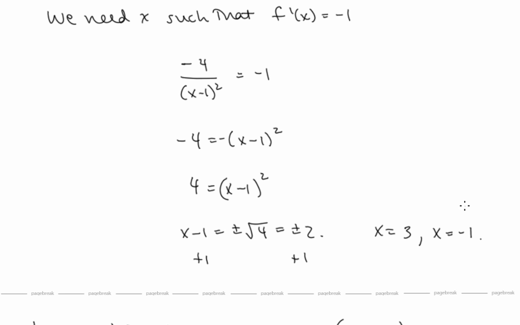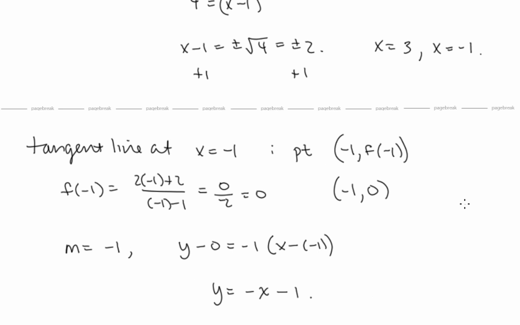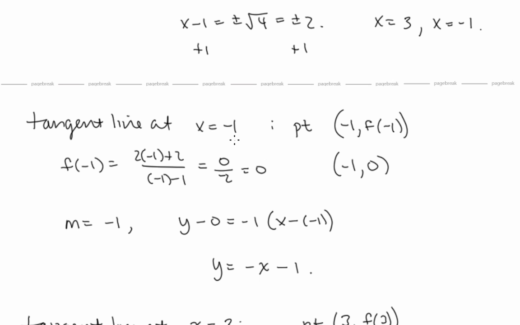We were also asked to find equations of those tangent lines. The tangent line at x equals negative 1 has the point negative 1, f of negative 1. f of negative 1 is equal to 0. So that's the point negative 1, 0. And we said the slope is negative 1. So we're here, y is equal to negative x minus 1.